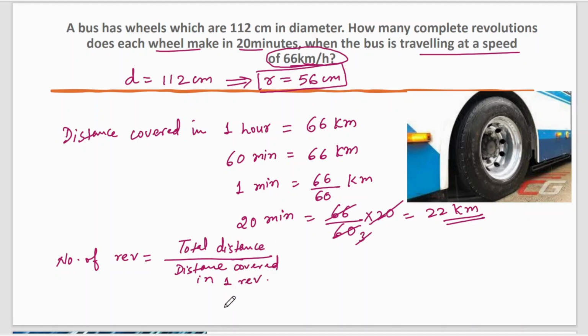Why am I writing the formula again and again? Just to make you remember, okay, so that these things fit in your mind.